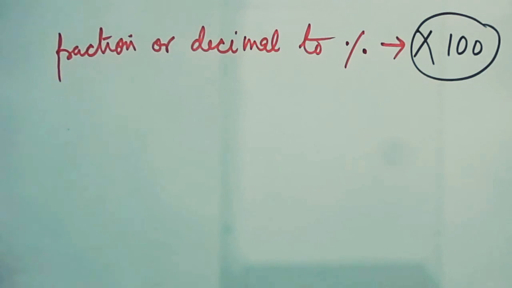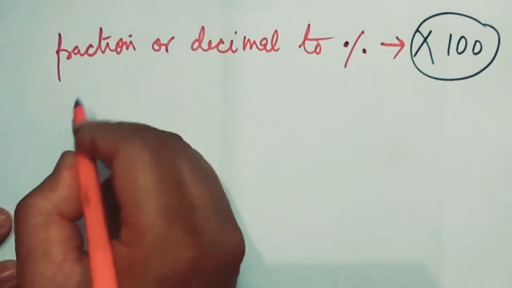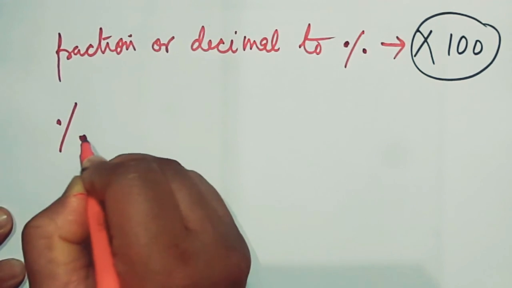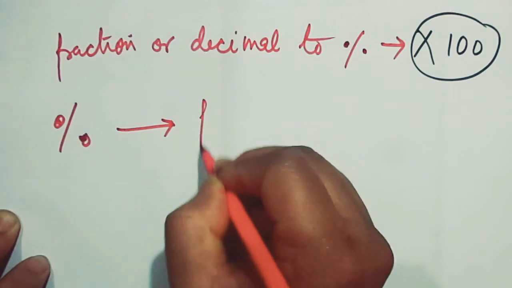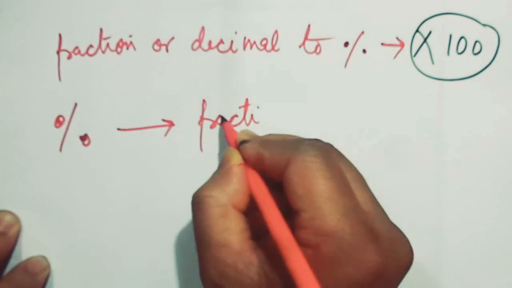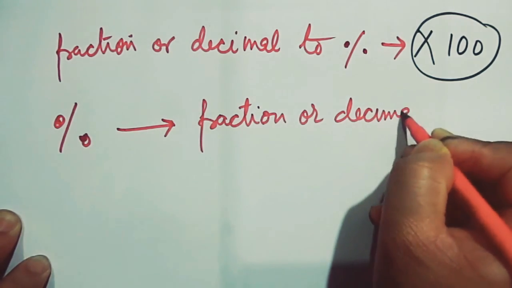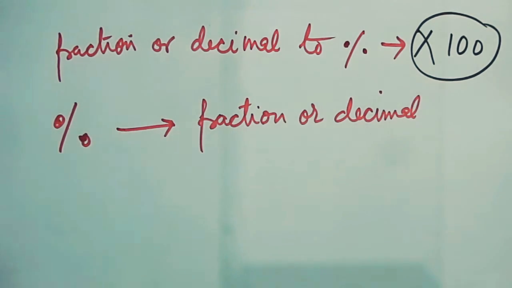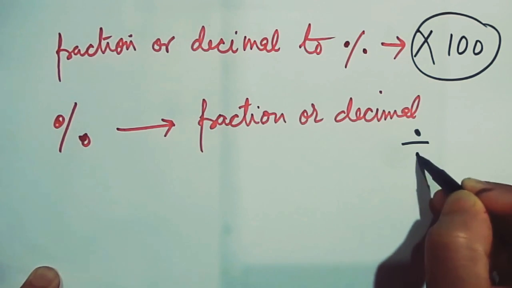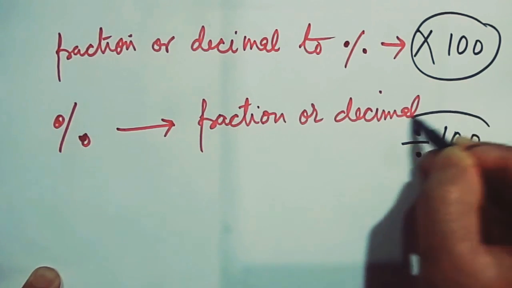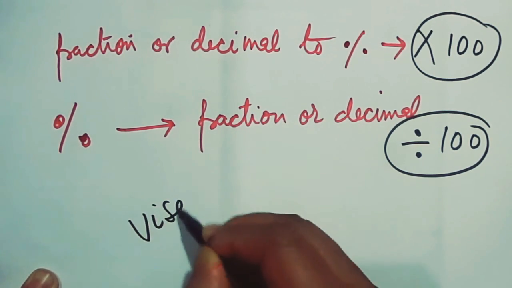And when a percentage was told to change into fraction or decimal, what we did, we divided it by 100, means vice versa.